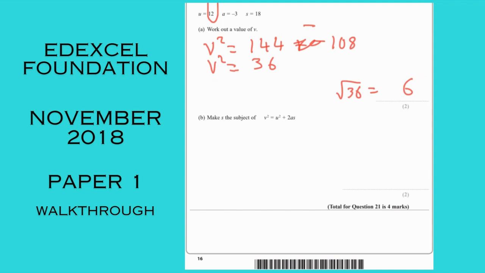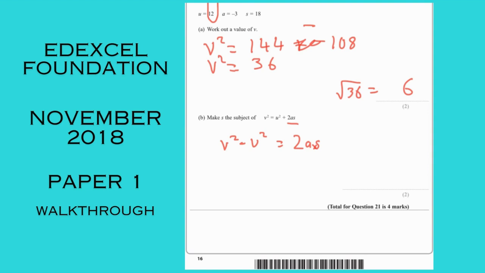Part B, make S the subject. That means rearrange, that means do inverse operations, do the opposite. If you want to make S the subject, get rid of everything else. So first job, I'll take away u squared from both sides. 2as means 2a times s.